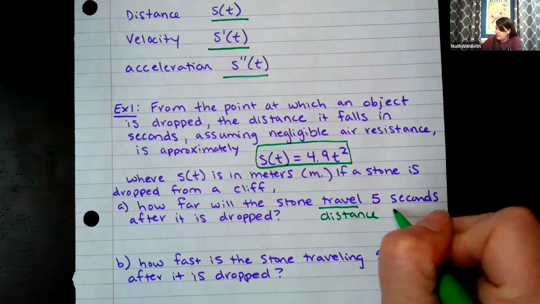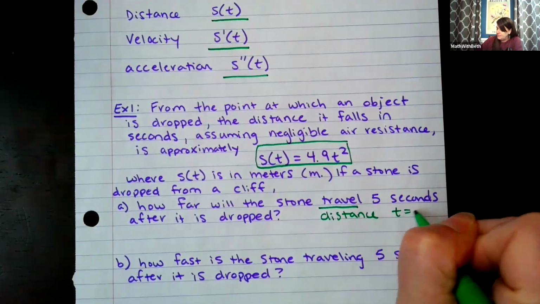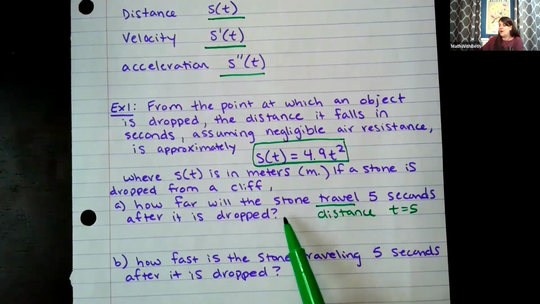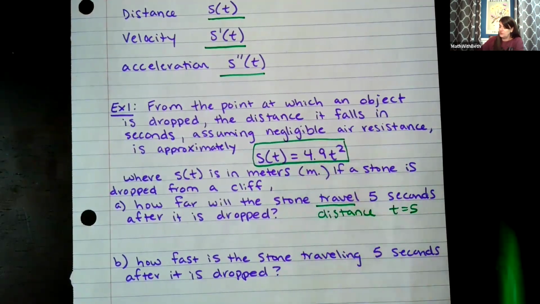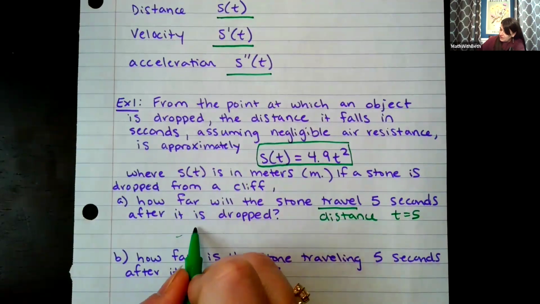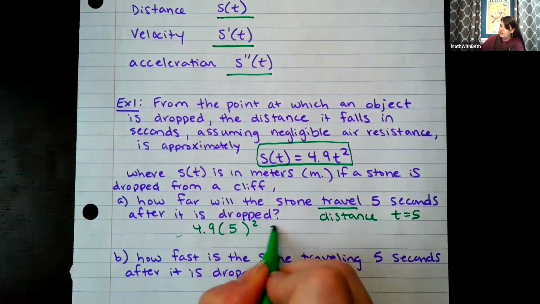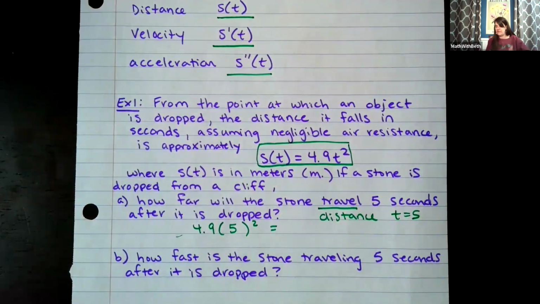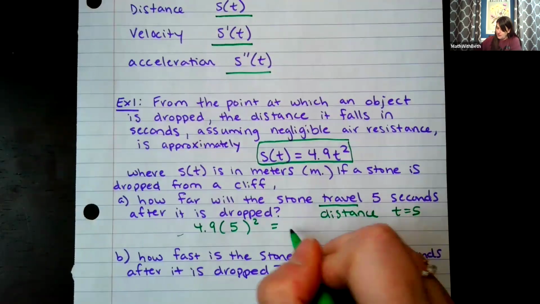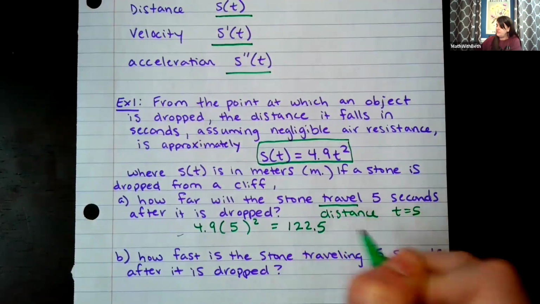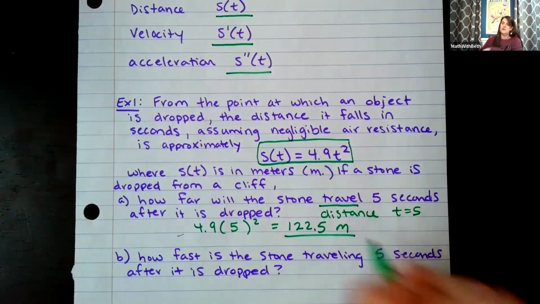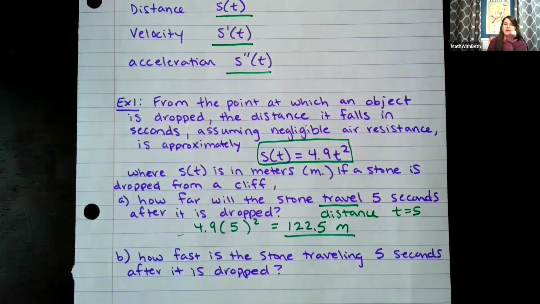So it's giving me the t. So if they just want to know how far we've gone, I'm just going to use this original equation and plug in what t is, which apparently in this problem is 5. So multiply all that and you get 122.5. Since we're talking about meters, that's my answer. After 5 seconds, it will have traveled 122.5 meters.